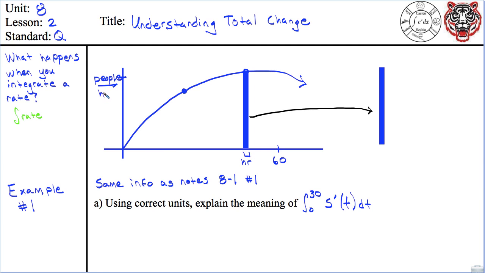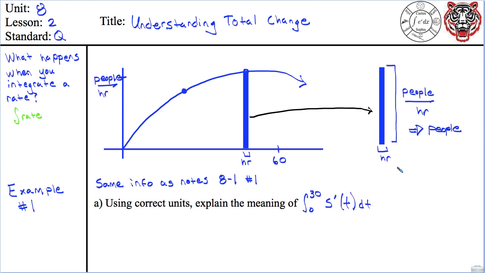So when I analyze this bar here, I have an hour, I have people per hour. So what happens when I multiply these two units together? You get people, because the hours will cancel out. So the area here is people.